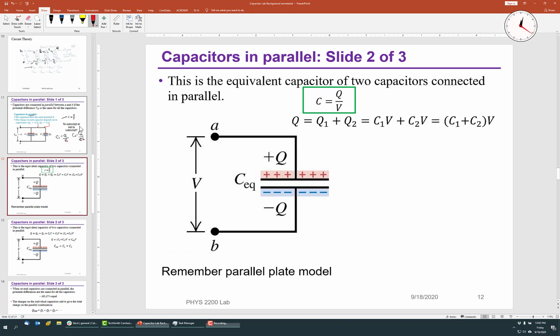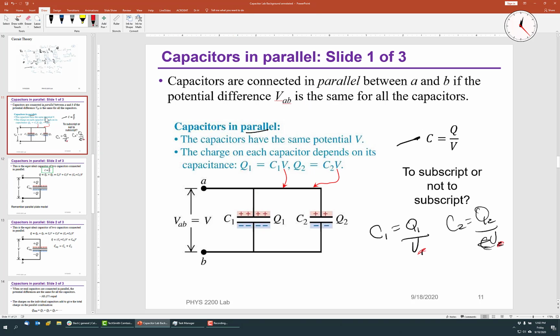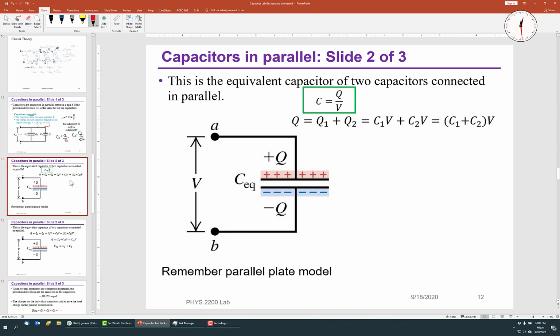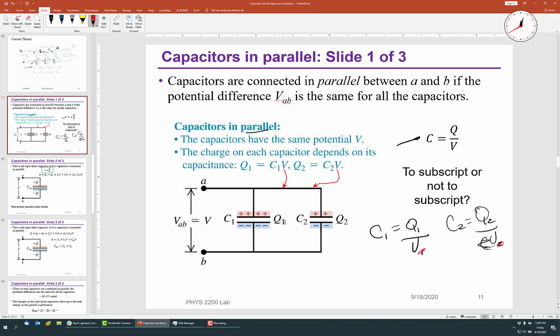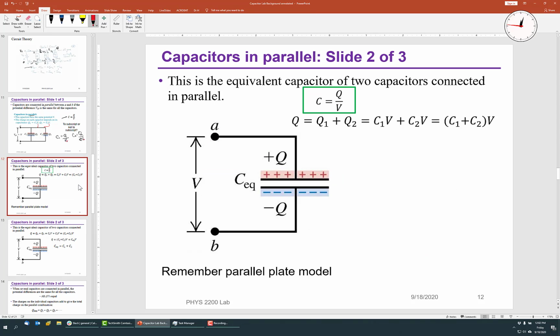The standard way to say it is that since we know everybody has the same voltage, we can attack the problem by saying, okay, what's the total Q? And the total Q is going to be, of course, the Q on each of the two of them. And then because they're in parallel, positive to positive, negative to negative, the bottom line is that you're effectively making the plates larger.